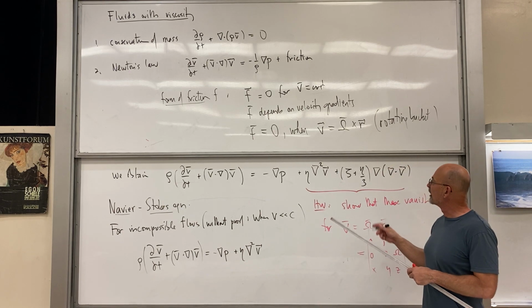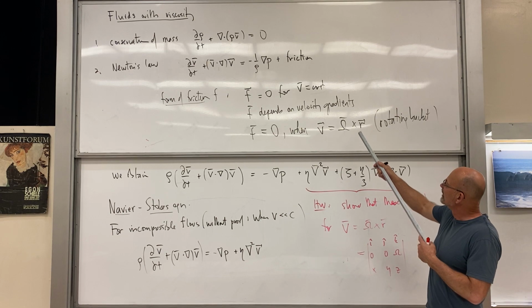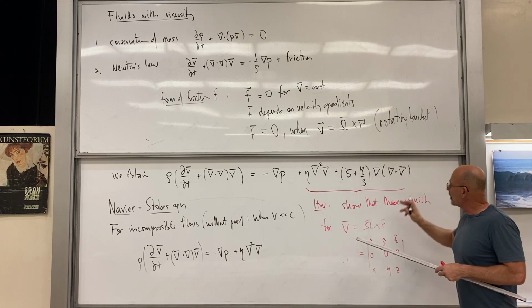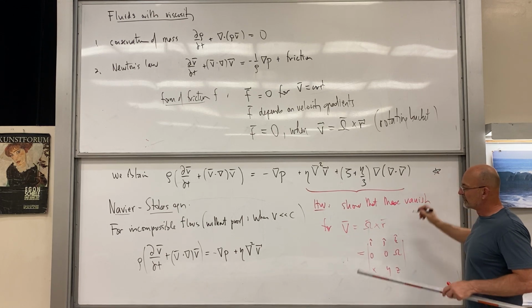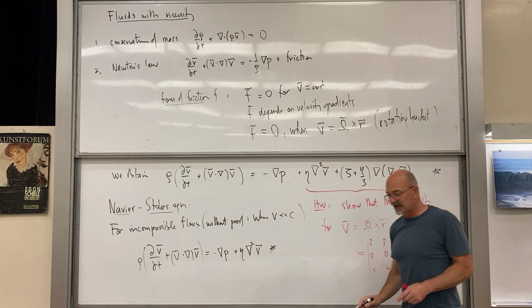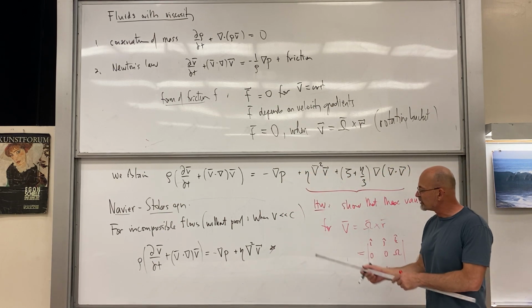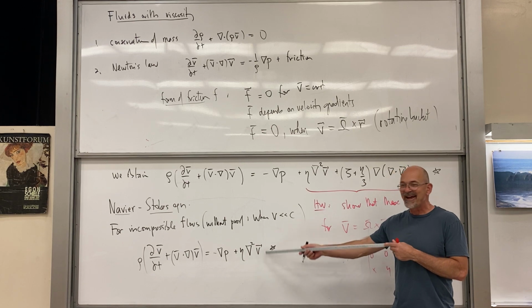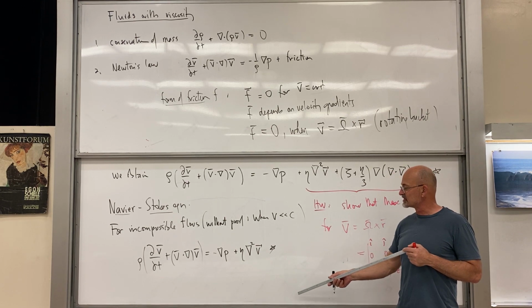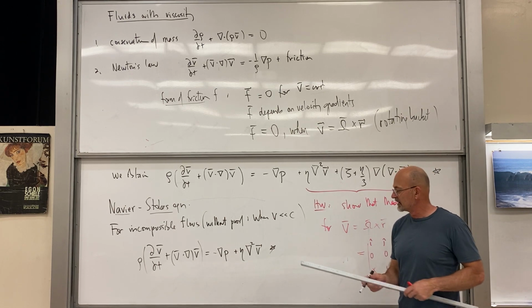And the very, very important point that I haven't yet mentioned is the boundary conditions. And they hold true for both of these versions here. That's the source of a lot of the physics. The boundary condition is that the velocity vanishes at a fixed boundary, at a fixed surface, as opposed to just the normal component.